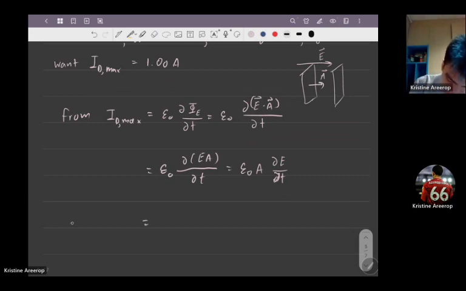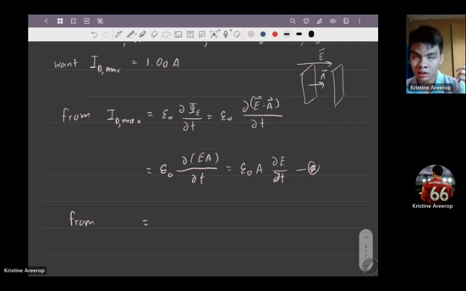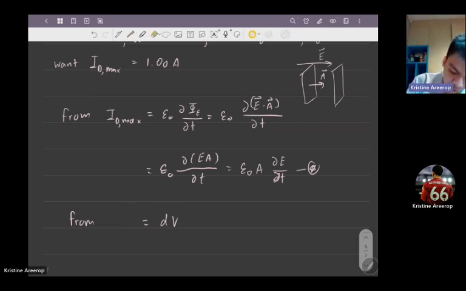From the static electric relation, we know V equals E d, that means E equals V by d.